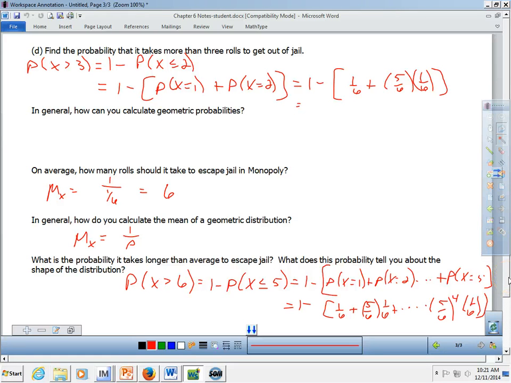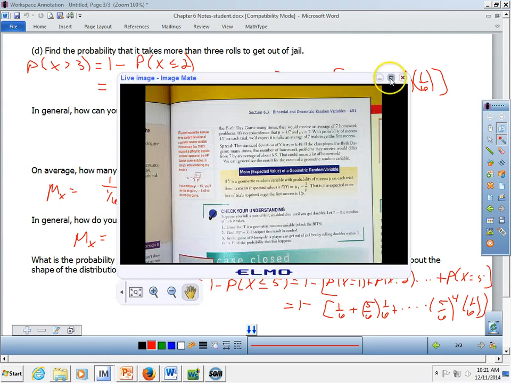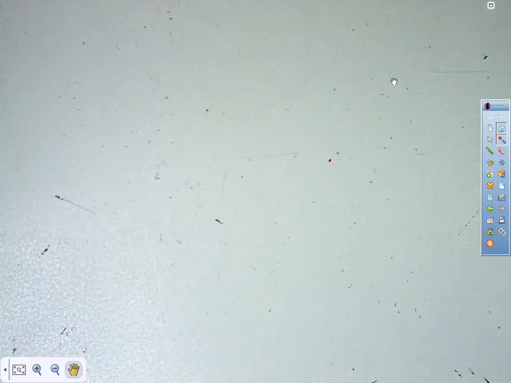What we're going to do, and I'm going to ignore this last question about the shape of the distribution. If we need to talk about it later, we can. I'm going to take the time now to show you how to do this in your calculator. Binom CDF and binom PDF are in that distribution window.